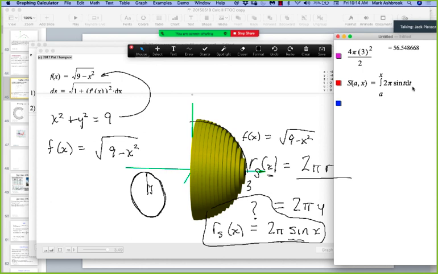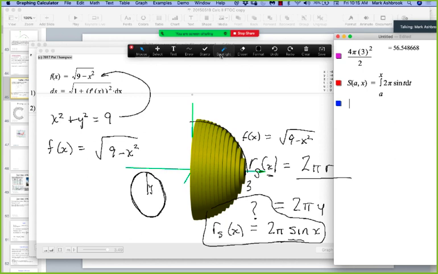Shouldn't it be the square root of 9 minus x squared for f of x? Yes, exactly. That was for when we were doing it off of the sine function earlier, the football function. Thank you very much. I didn't erase that. I knew something was wrong there.